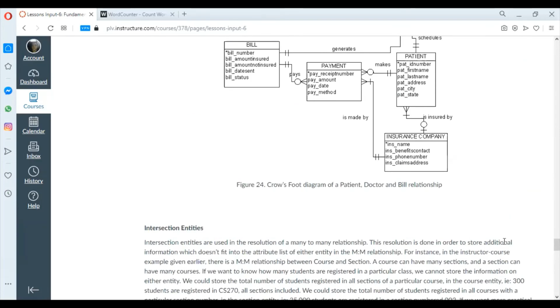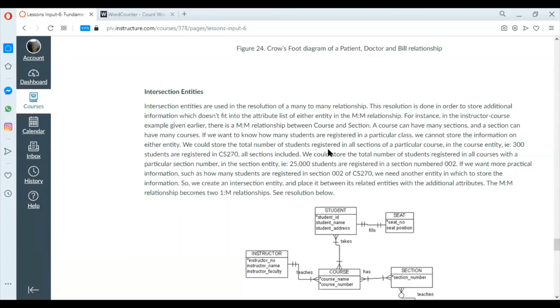So from here, to shorten the explanation, intersection entities are entities or objects that are included in the design of our diagram in order to accommodate or facilitate the need for other entities.